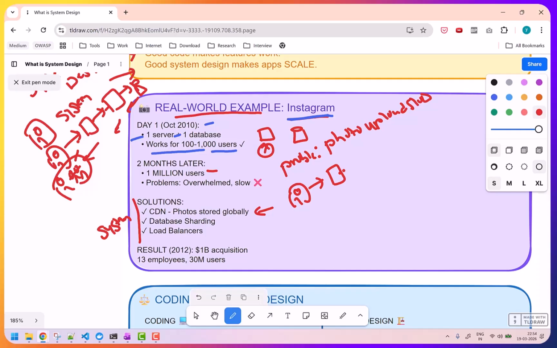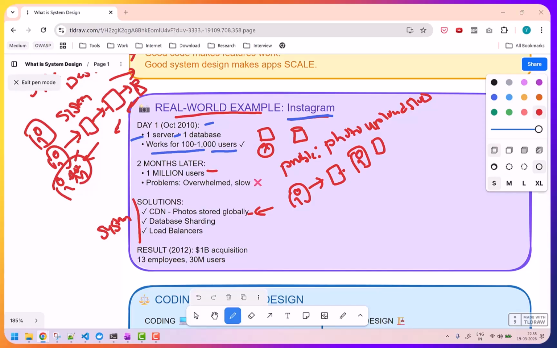It's like instead of one library in Bangalore, you have libraries in every city. That's what a CDN does, and that's how they solved the problem of slow photo upload.